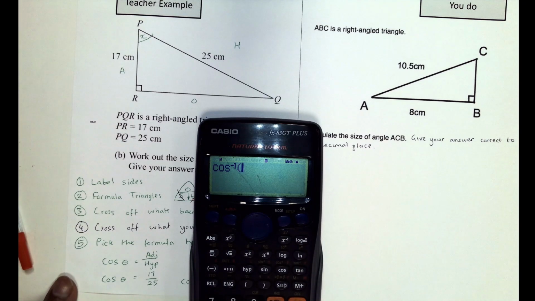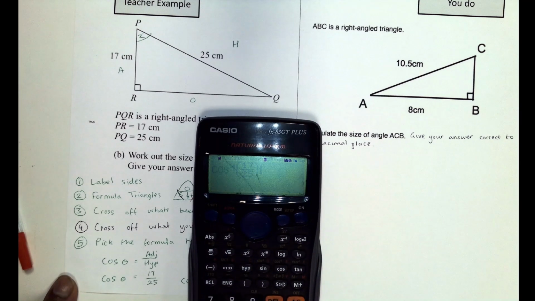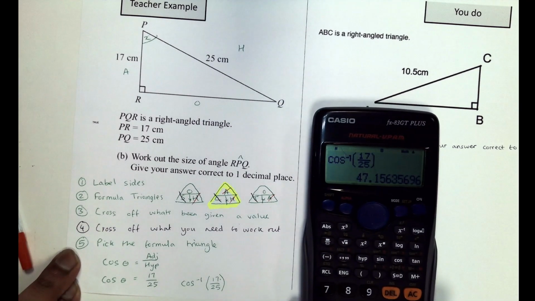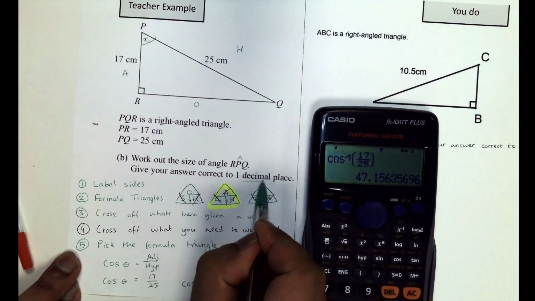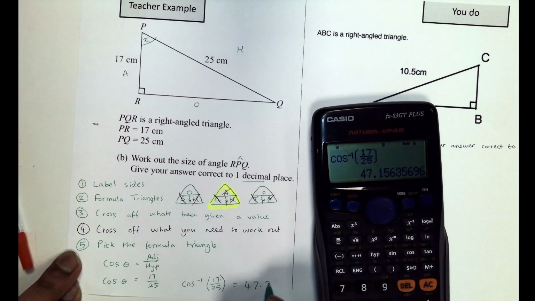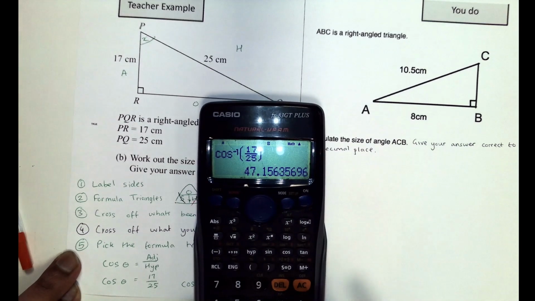Now you can write it as a fraction, or you can write it as a division. Both give you the same answer. That gives 47.1563, and the question wants me to give it to one decimal place, so that will be 47.2 degrees.